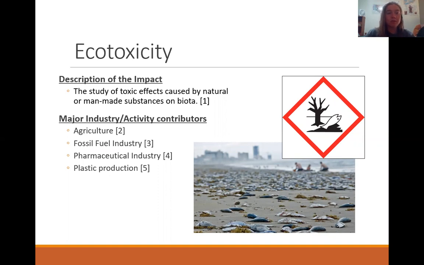A little bit about ecotoxicity is that, in general, it is the study of toxic effects caused by natural or man-made substances on biota.